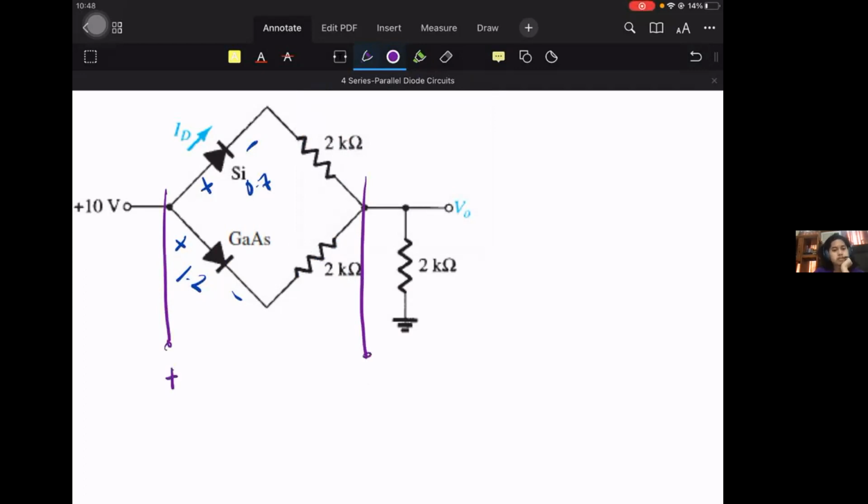So let's say, for example, the voltage at this point, total for each branch, is 2 volts.